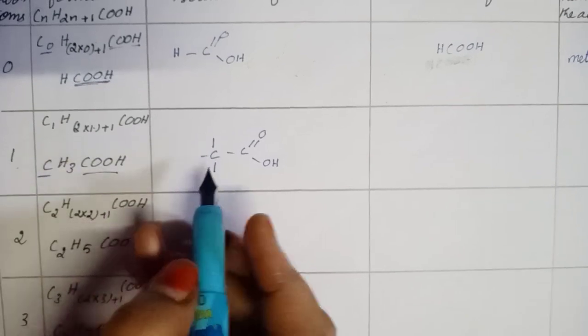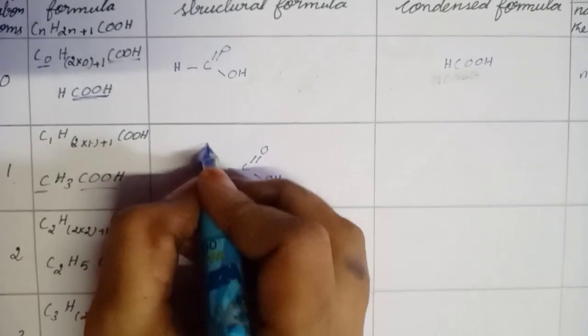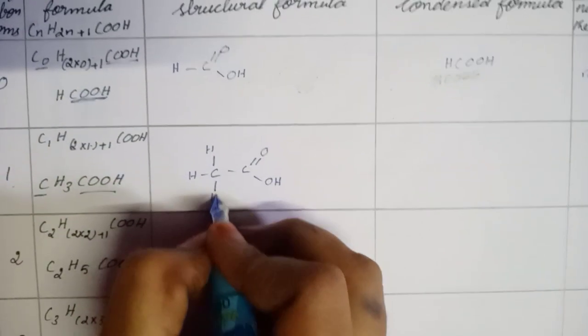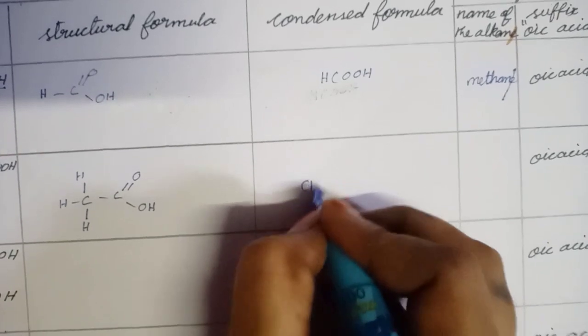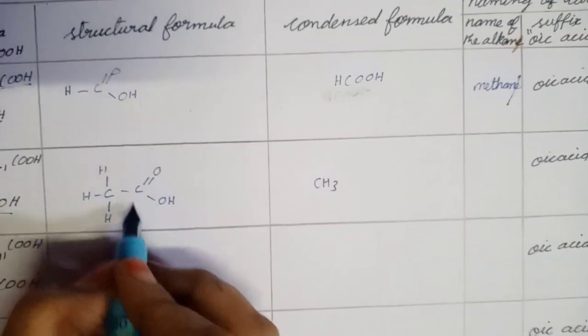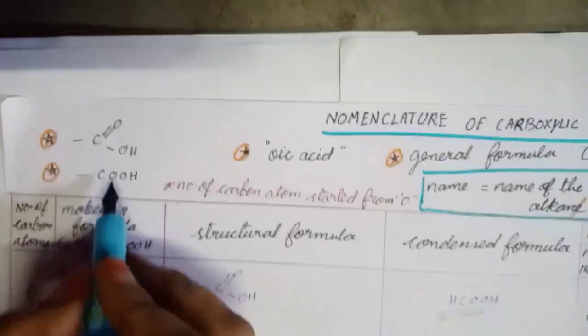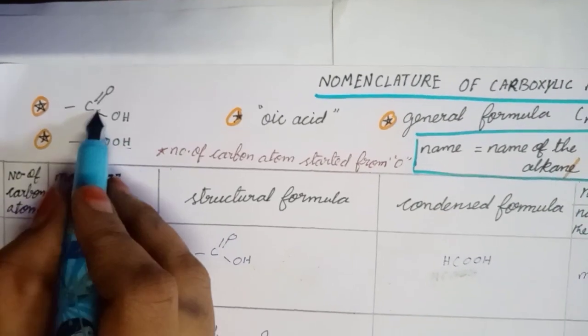So this is a place for hydrogen. How many hydrogens? 3 hydrogens. Condensed form: here CH3. The condensed form for the acid is COOH. This is the structure, and this is the condensed form.